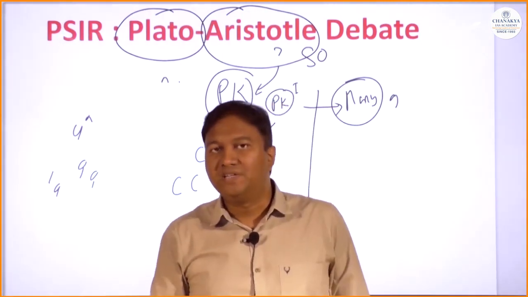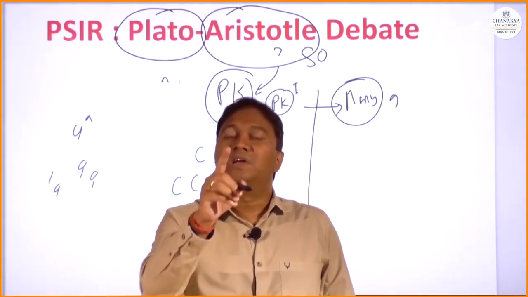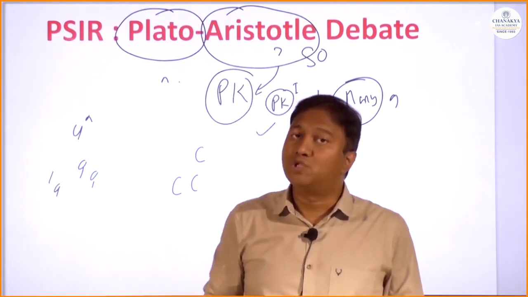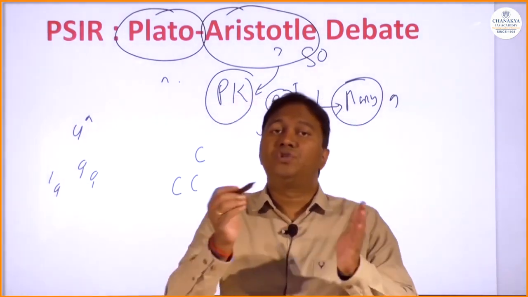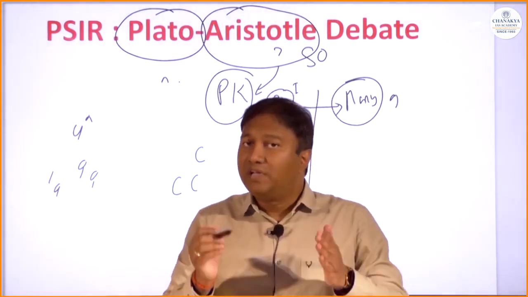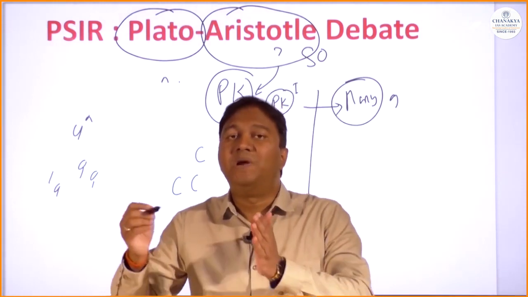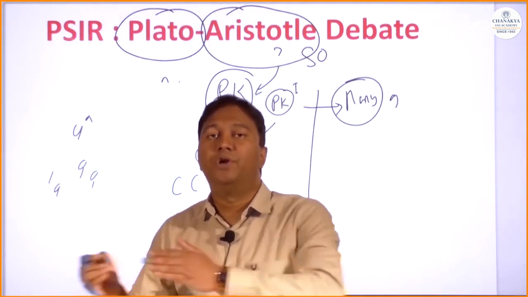In short, Aristotle says that there should be law and not the rule of a philosopher king. That is, replace the philosopher king with the institution of law. In short, rule of law is better than rule of one person, the philosopher king.